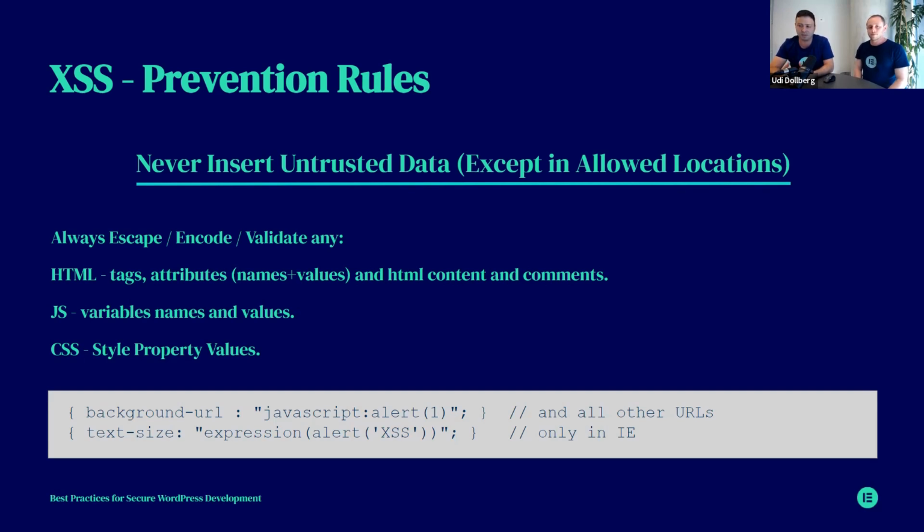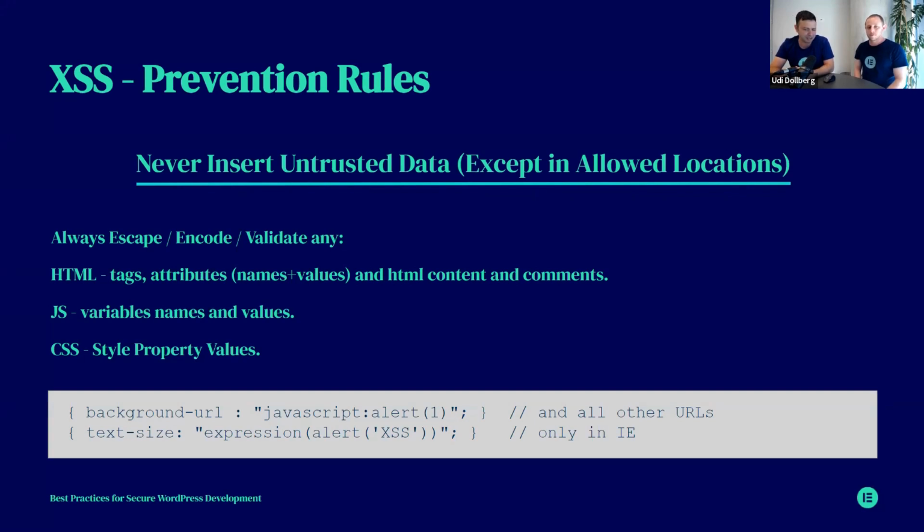JavaScript, if your code prints out to the page JavaScript variables, sanitize the variable names and their values, not only the values. And CSS property values need to be escaped. As you can see from the example here, a simple browser would run that and would actually run alert 1, and it's using the JavaScript URL protocol.